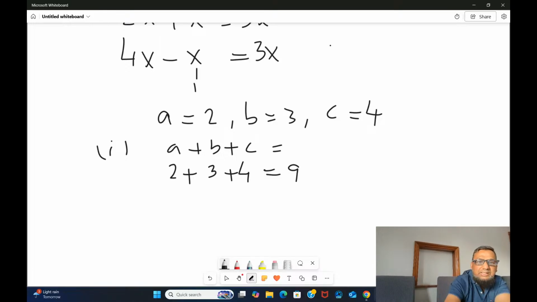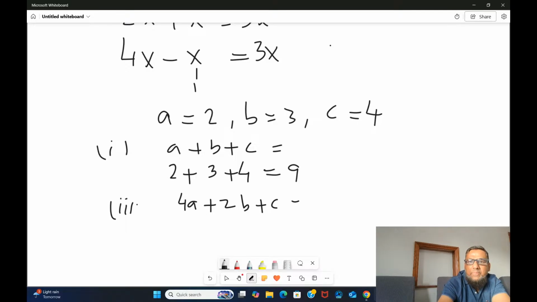Exactly the same way, with the same values, if I ask you 4a plus 2b plus c, how do you work this out?